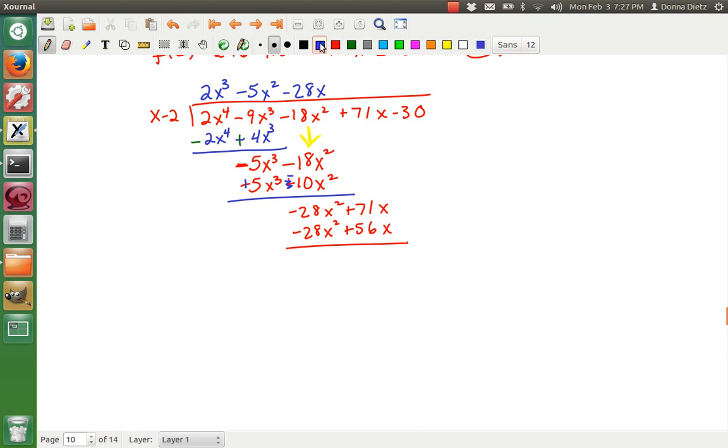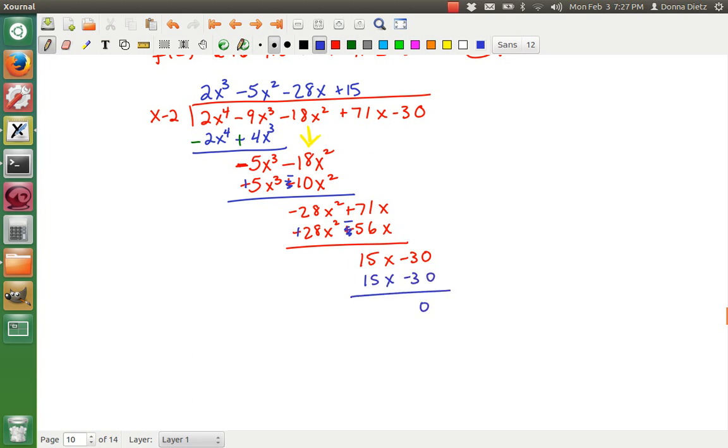And again, we're going to change the signs so we can add. As 71 minus 56 is 15. Then bring down the 30. And if you've done everything correctly, then this should be the last round. And then you should have 15x minus 30.